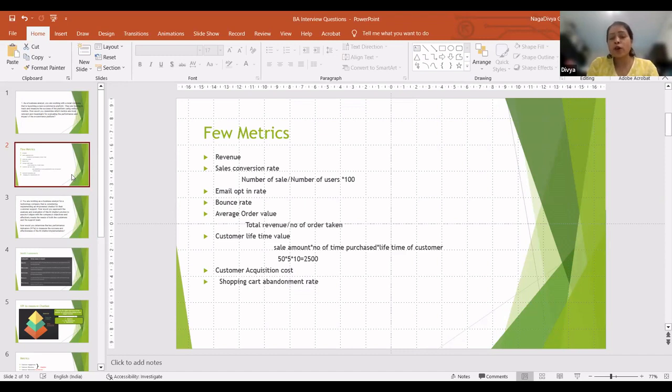When you see the average order value is always less, it means that this average order value we can calculate every month or every week or every year and see how it is changing. If you see that the average order value is constantly less, it means that the customer is very much interested in purchasing low expensive items.